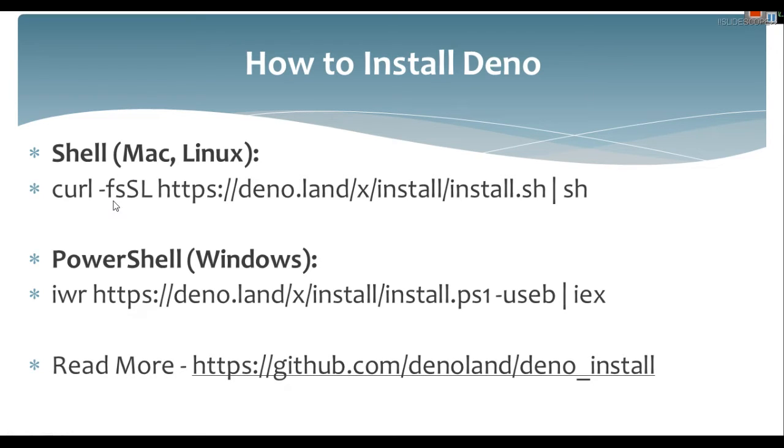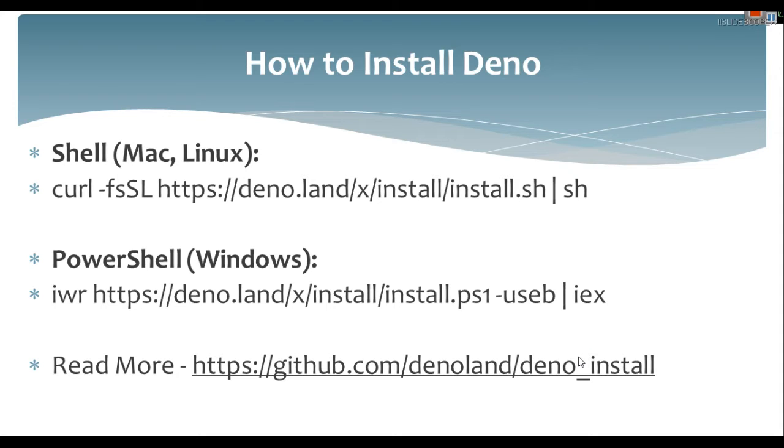It is curl -fsSL https..., which you can type in your shell if you are on Mac or Linux. If you are on Windows, you can use PowerShell, and by just typing this complete line here, Deno will be installed. We can read more at github.com and deno.land and deno_install.